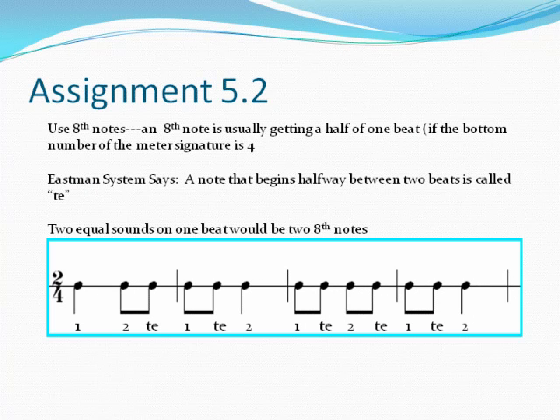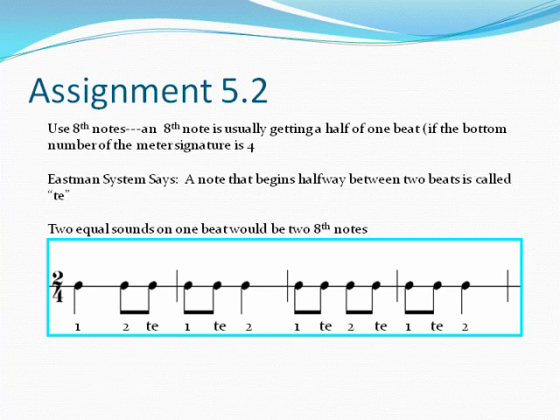Okay, so half notes that we just did get 2 beats. Quarter notes get 1 beat if the meter signature has a 4 on the bottom. And an eighth note, remember this was something that I said was confusing before, an eighth note does not get an eighth of a beat. An eighth note gets 1/2 of 1 beat.